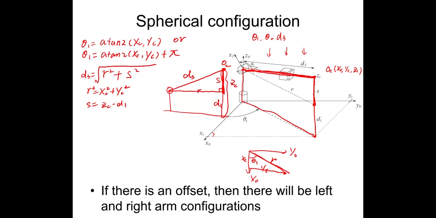And how about theta 2? So now theta 2 is right here, and we can just directly use this triangle to do that.